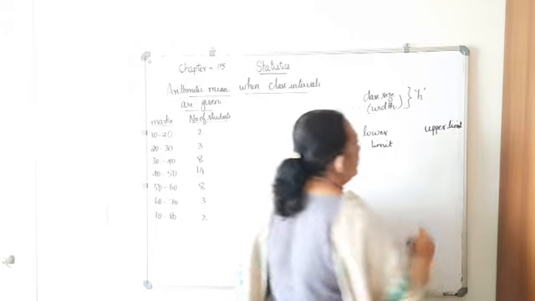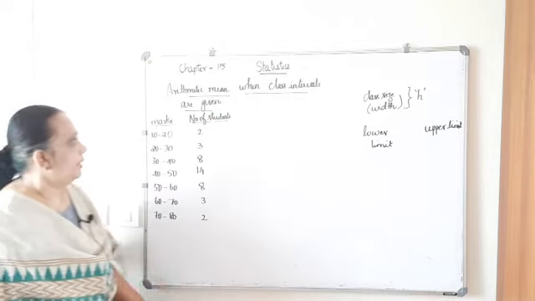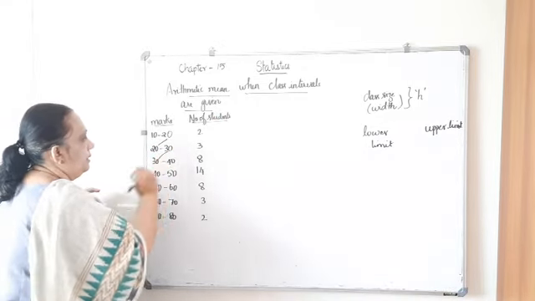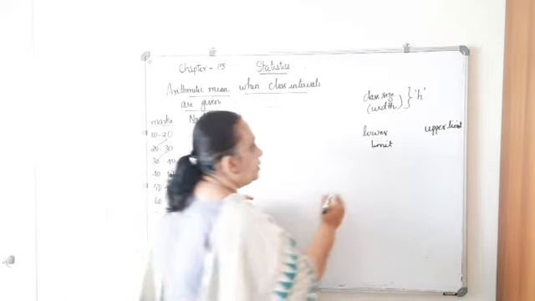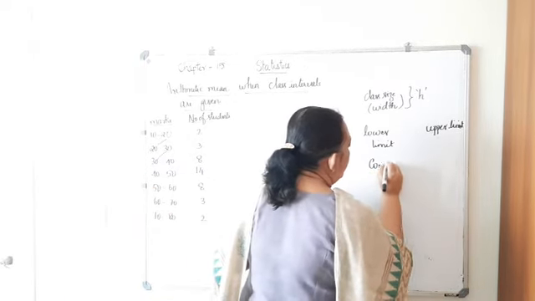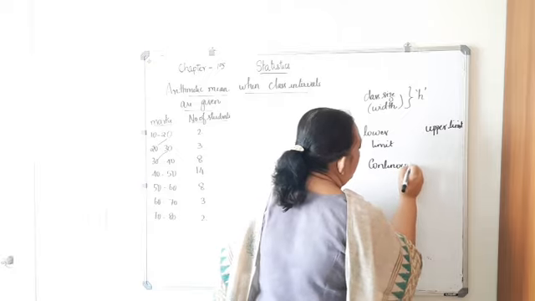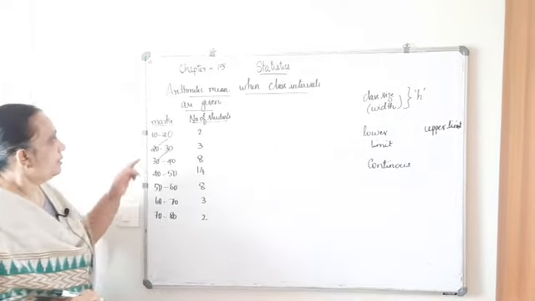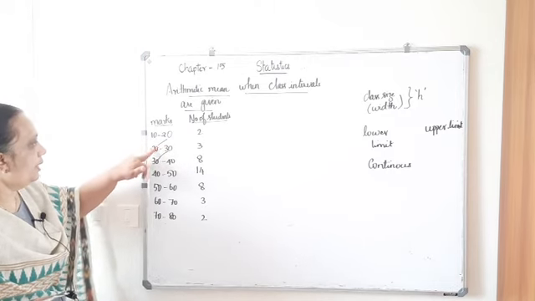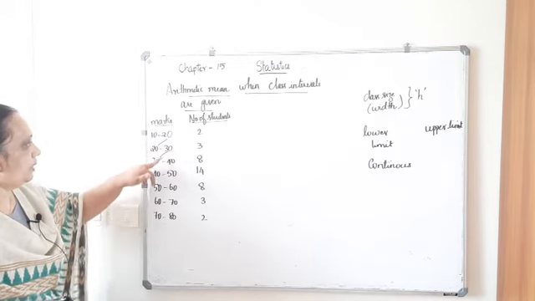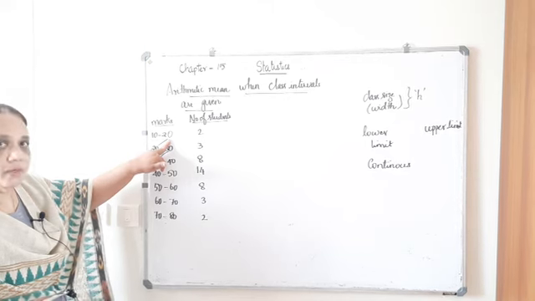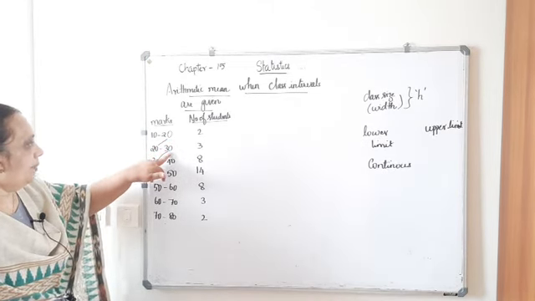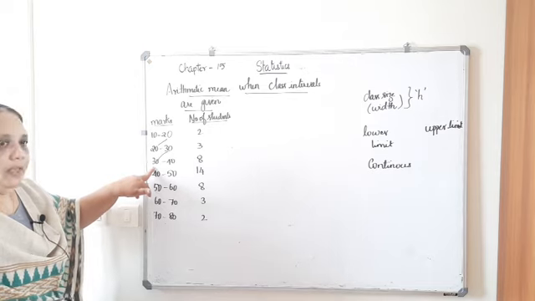And for the calculation, it should be noted that the class intervals should be continuous type. This is continuous because 10 to 20, 20 to 30, 30 to 40. So the upper limit is not included in this class. Upper limit is included in the second class. Upper limit is included in the third class, and so on.